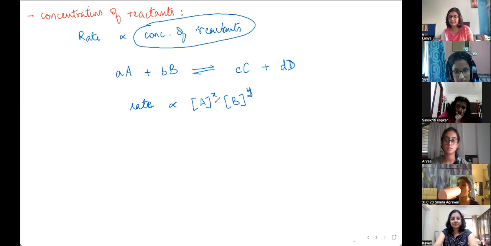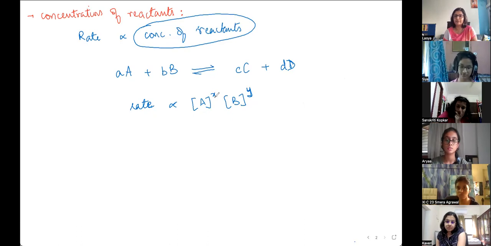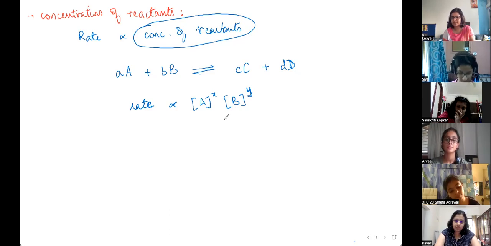So x and y vary from reaction to reaction. The only way you can figure out by how much this changes is experimentally. You cannot predict it, and it's not always equal to the stoichiometric coefficient. Sometimes it's a happy coincidence where it's a direct relation, but not all the time. You can't theoretically deduce this factor. It's only experimentally determined.